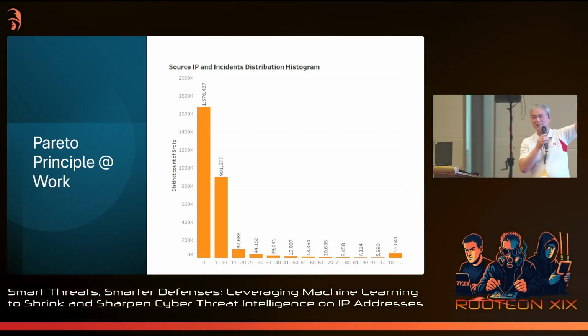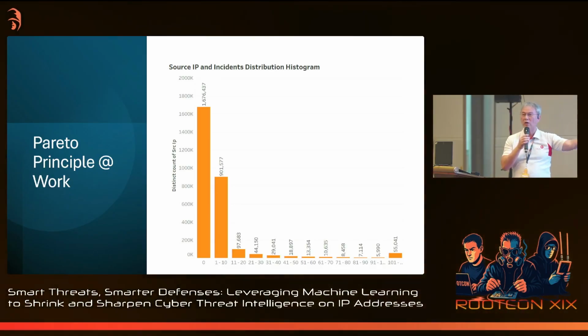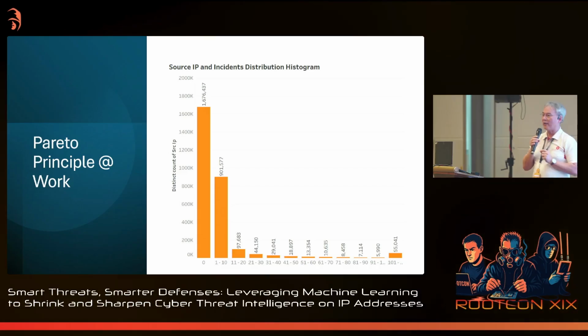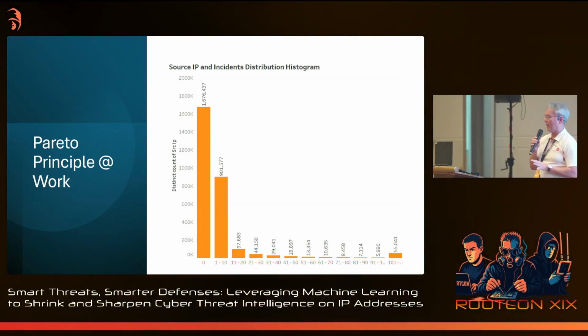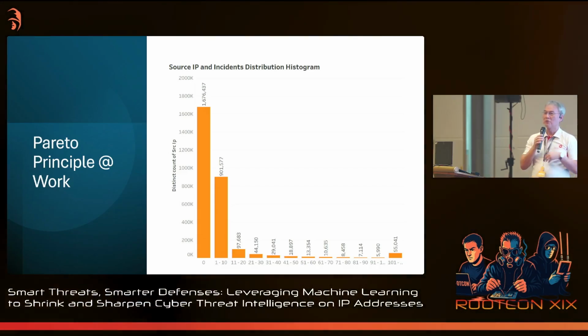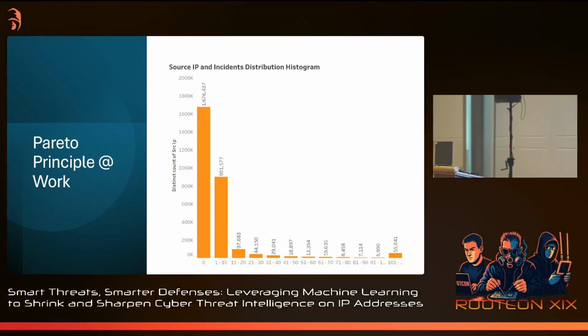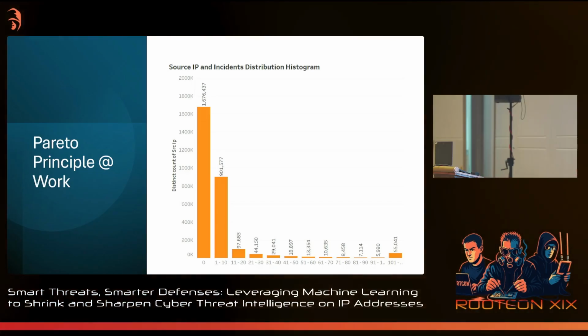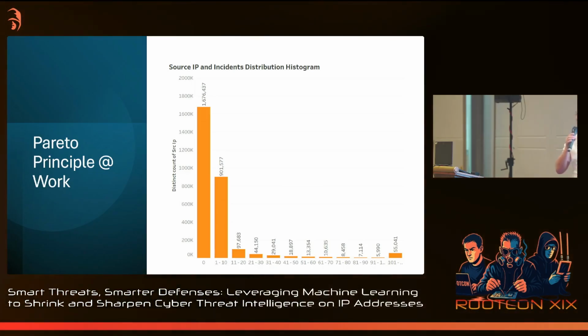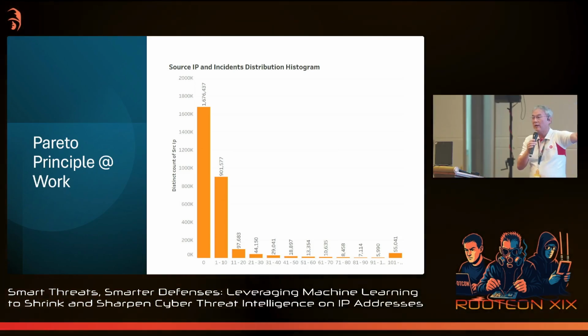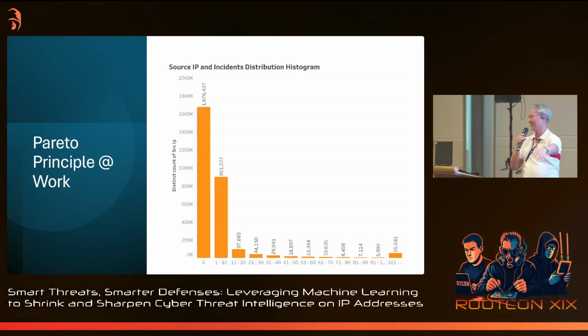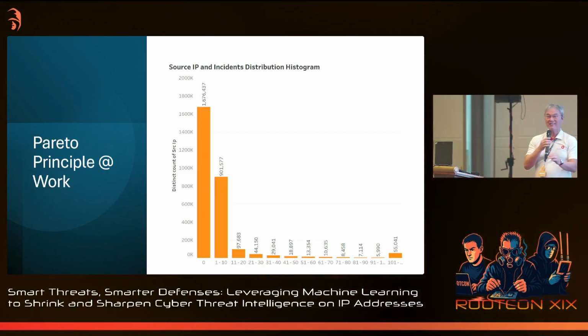That's the large bar over there. The second large one hit our network only once in 7 days. So we're figuring out, we don't need these IPs. We can concentrate on the high volume IPs at the extreme right. Does that make sense?